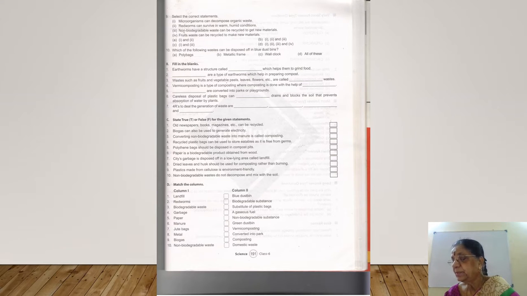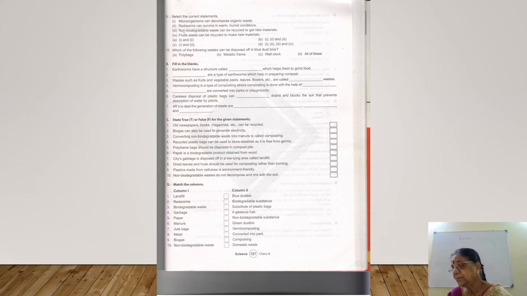Polythene bag should not be decomposed in a pit. Then paper is a biodegradable product: true. City garbage, true. Dried leaf, true. Plastic made from cellulose, environmentally friendly, true. The non-biodegradable, true. So statements 3, 4, 5 are false; all the rest are true. I hope you follow this.